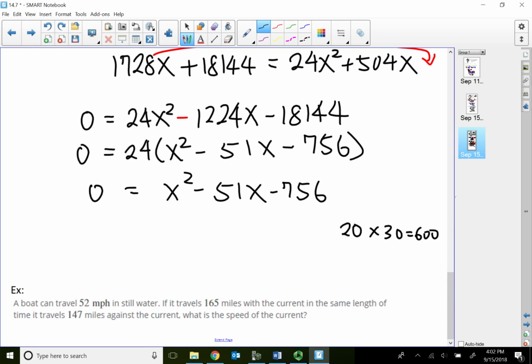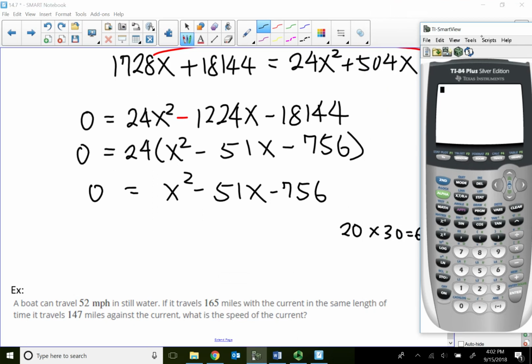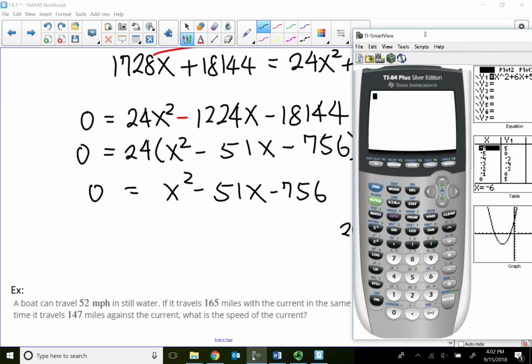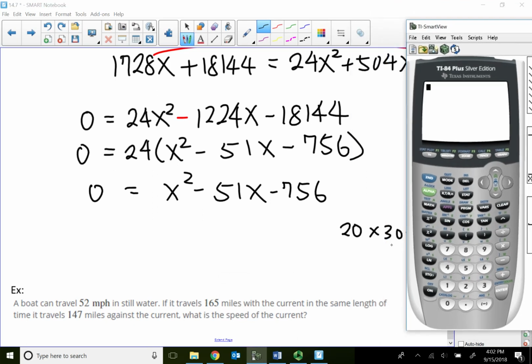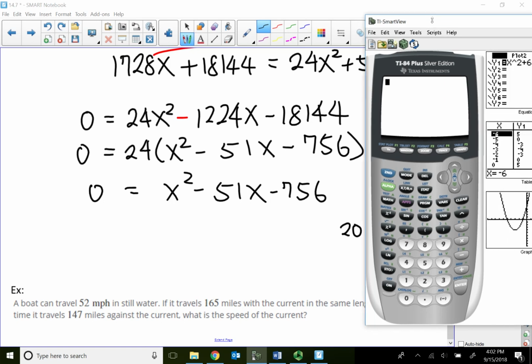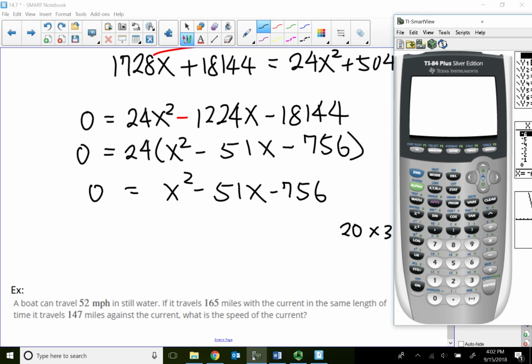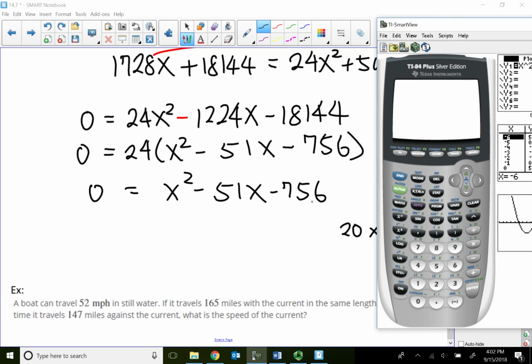So what I can do is use the 20s and 30s and work my way up a little bit to see what number I would need to go into 756. I don't know, I really have no idea what the answer is. I just know a little bit over 30 and a little bit over 20 would get me close to 700-something. So 30, I know 30 is not going to go into 756.